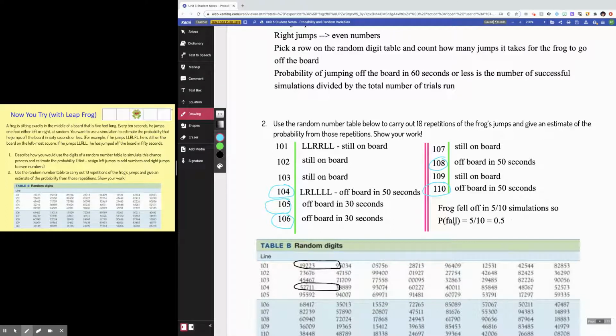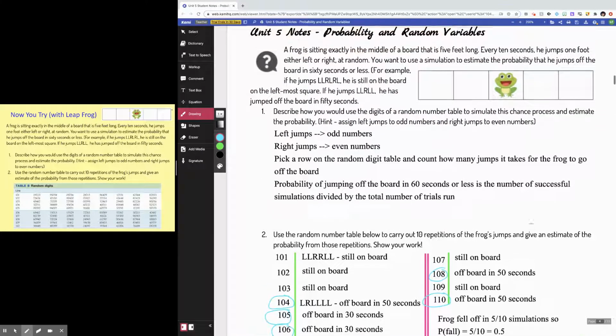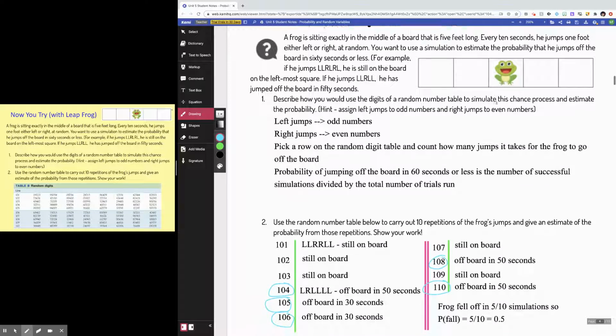We would estimate the probability that the frog falls off the board is 5 out of 10, because we ran 10 simulations and in 5 of them he fell off. Based on our simulation, there's about a 50% chance the frog will fall off the board, which makes sense because he's always in the middle, and you have an even chance of jumping left or right.